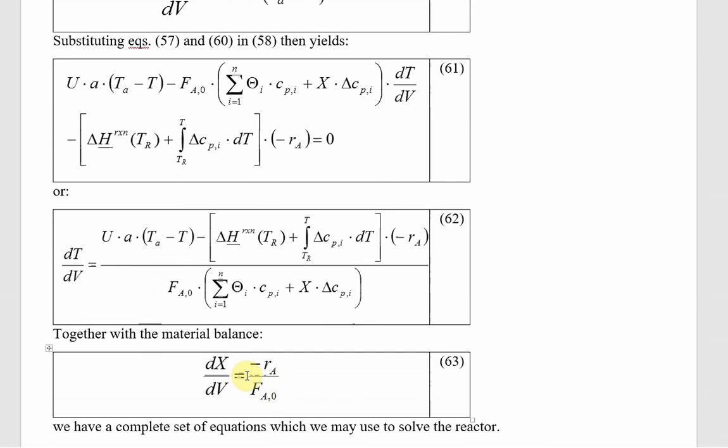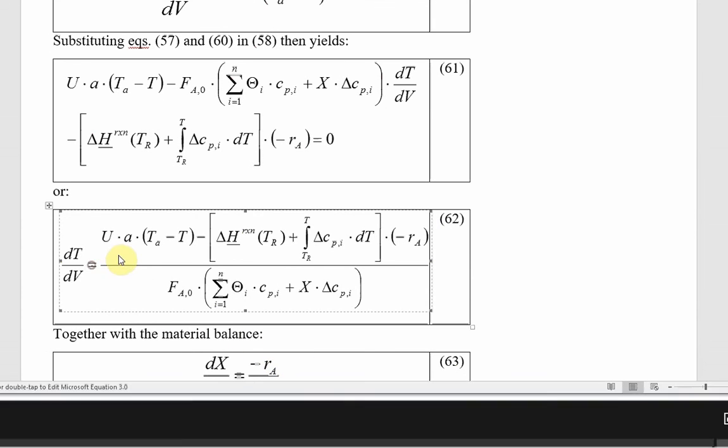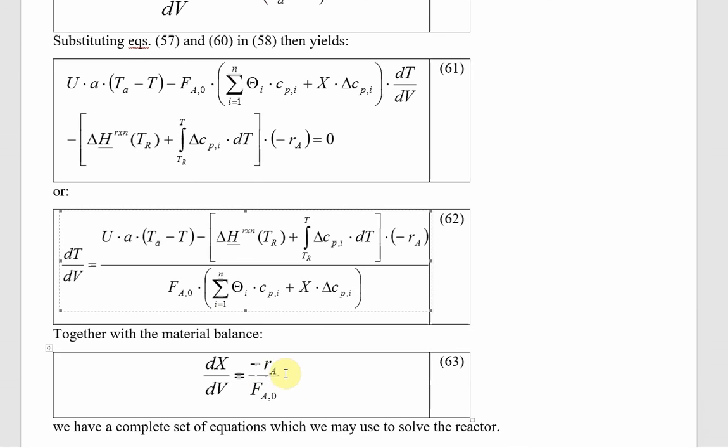And of course, this equation also is dependent on T, right? Behind this rA is a strong T dependence, so we do need the state variables here as well. Right, so you see, these two equations do have to be solved simultaneously for us to get the solution.